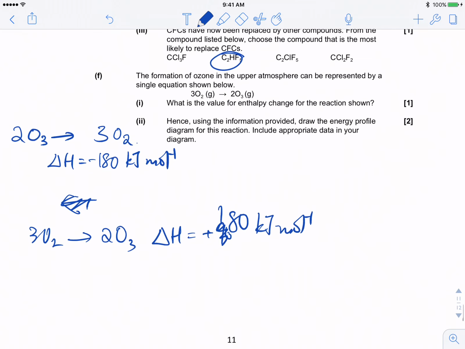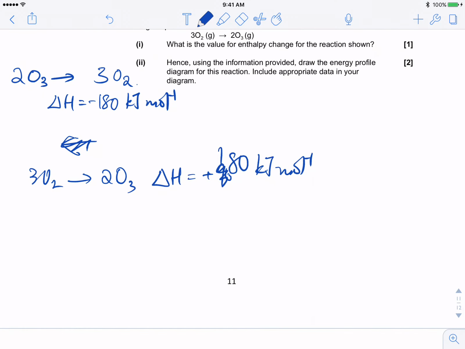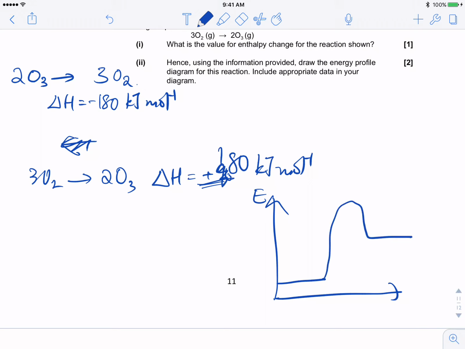Hence, you need to draw an energy profile diagram for this reaction. So, how can you draw this? Let me draw it for you. Energy here. Now, it's a positive delta enthalpy change. If it's a positive change, your reactants must be at the bottom, your products at the top. When it comes to an energy profile diagram, it means you must draw the hump. So here is your 3O2, here is your 2O3.